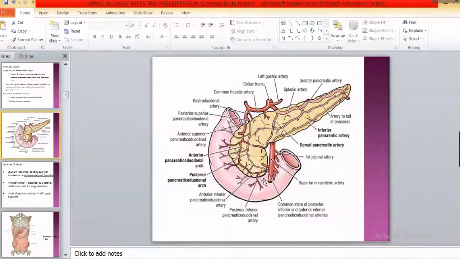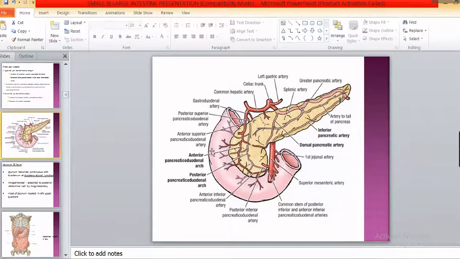That means whichever procedure in future somebody wants to do on the duodenum, maybe there's a puncture you want to repair, or a mass you want to remove, we should try as much as possible to avoid the medial end, because the blood supply to the duodenum arises on the medial end compared to the lateral, antimesenteric surface.